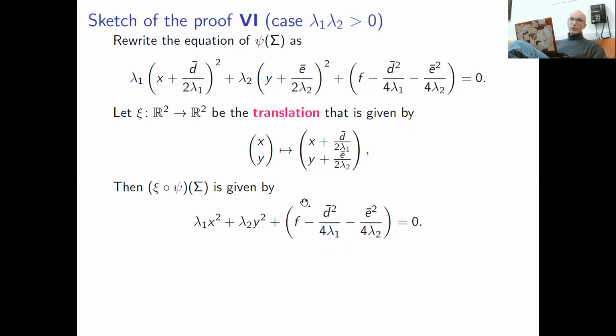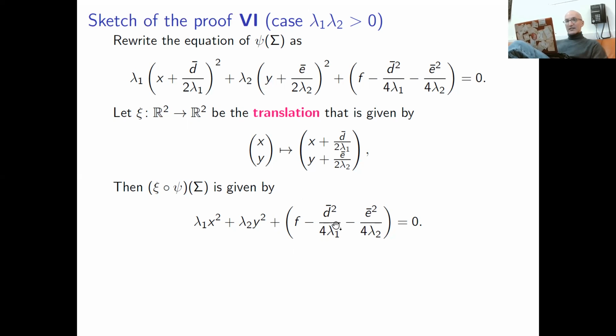Yeah, you can just plot it, and you can actually define an ellipse to be the curve given by this equation with lambda 1 positive, lambda 2 positive, and this number negative. There's a similar case when lambda 1 is negative, lambda 2 is negative, and this number is positive. Of course, this is the same ellipse. You can go from one to another by multiplying the equation by -1.